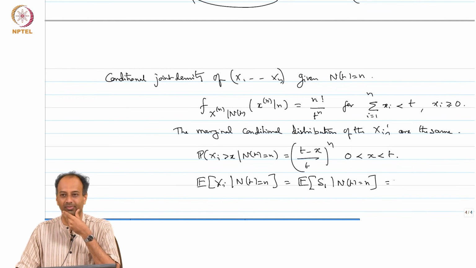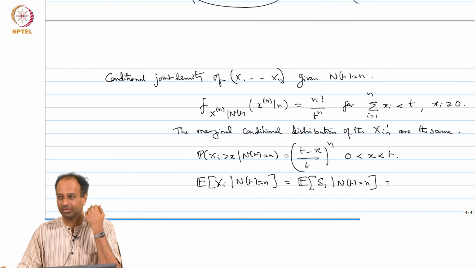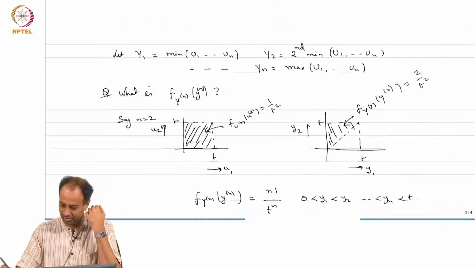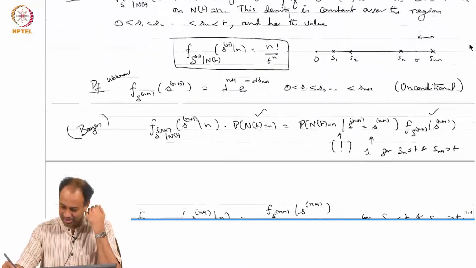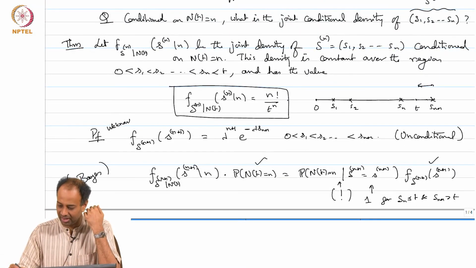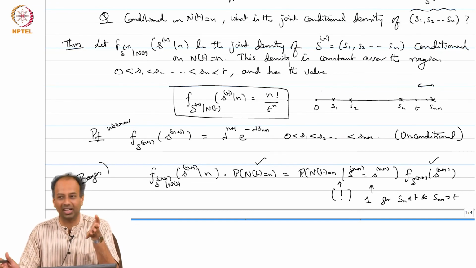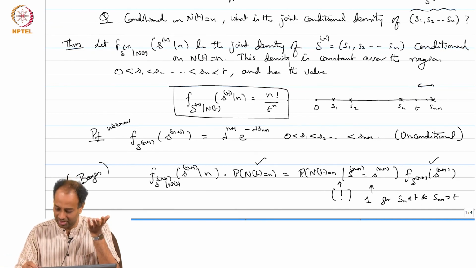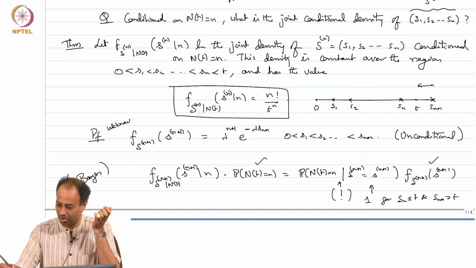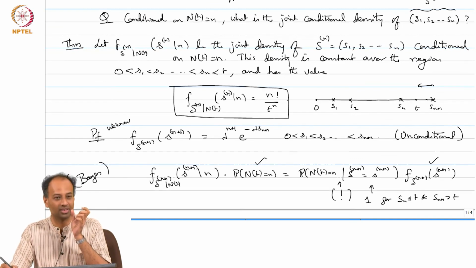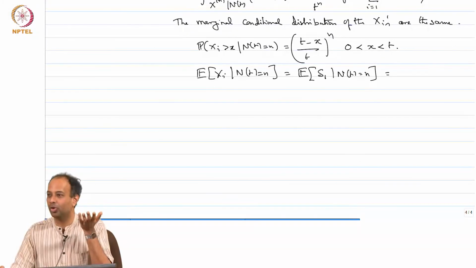Any intuitive guess? If you look at this picture, go back and look at this picture, where is that? Here, right. You know that you have n arrivals in 0 to t, right, and all these interarrival times we said are the same distribution, correct. And so, how many intervals do you have here? 1, 2, n plus 1, correct. So, each of these intervals should be what, t over n plus 1, correct.